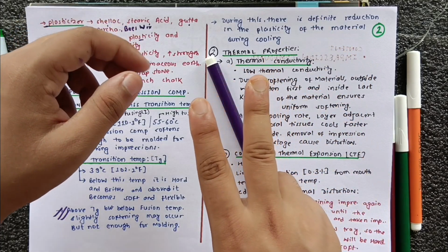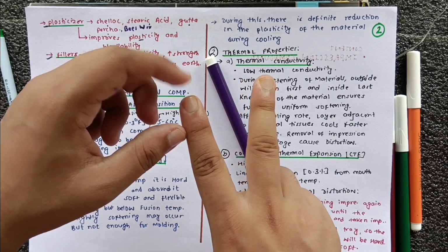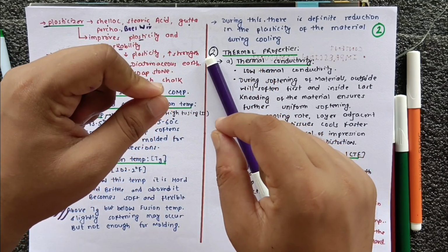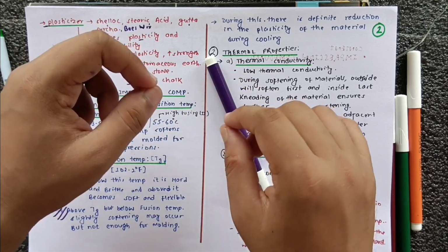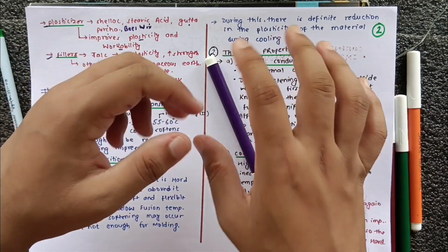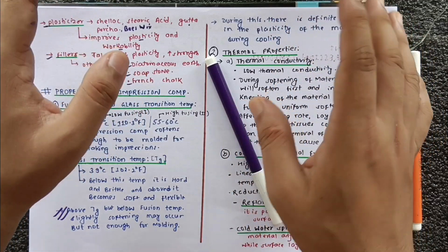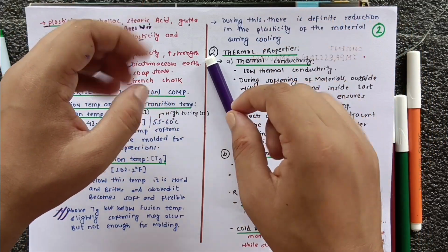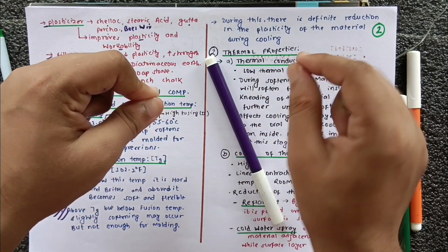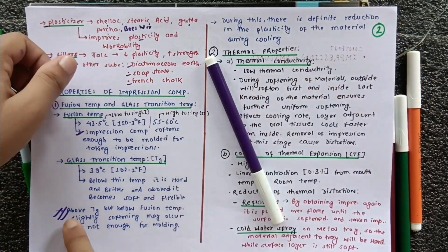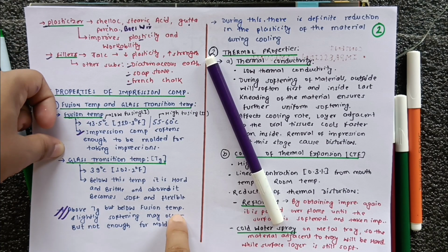So what I am telling is that the glass transition temperature is the temperature at which the impression compound just becomes soft and flexible, but not enough for molding, not enough for taking the impression. At that stage it is soft and flexible, but not appropriate for taking the impression. That is what I have written here: above the glass transition temperature and below the fusion temperature.